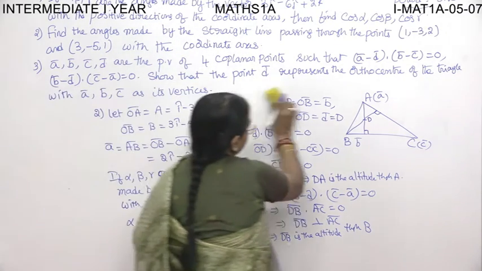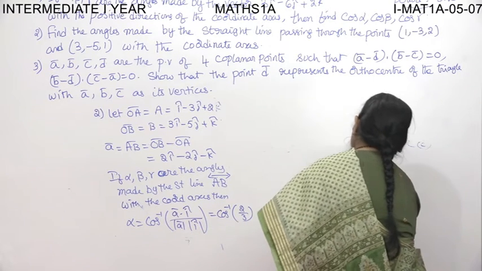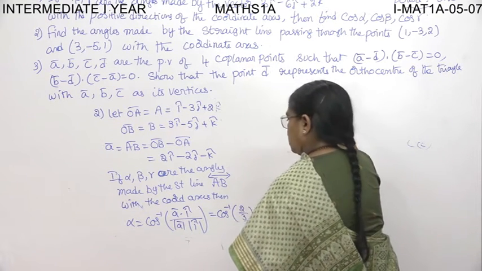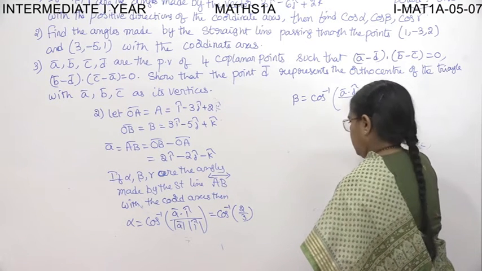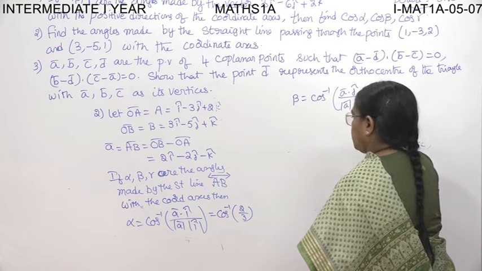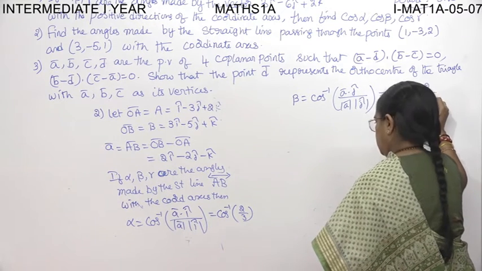Similarly, beta is equal to cos inverse of A dot J by mod A into mod J. So that is equal to cos inverse of minus 2 by 3.